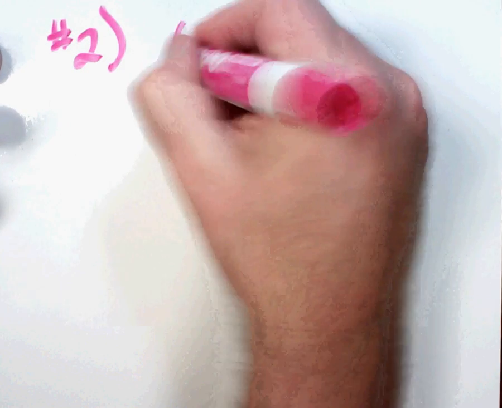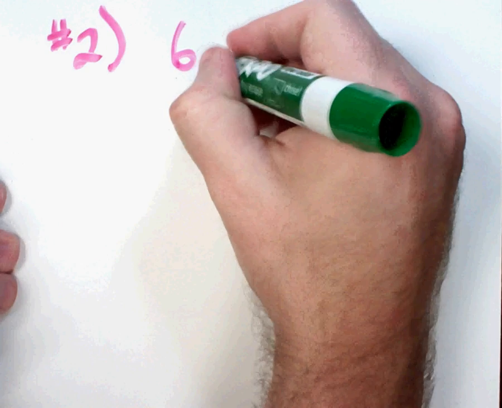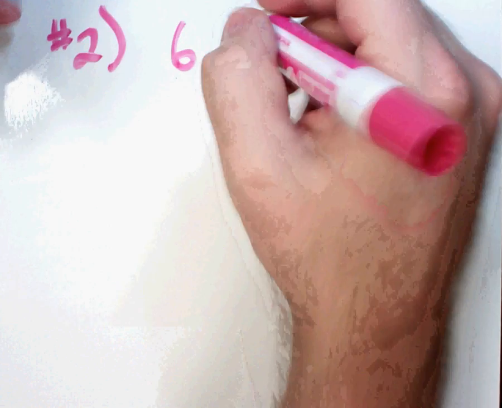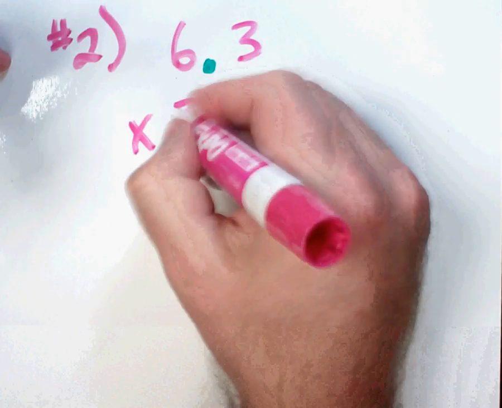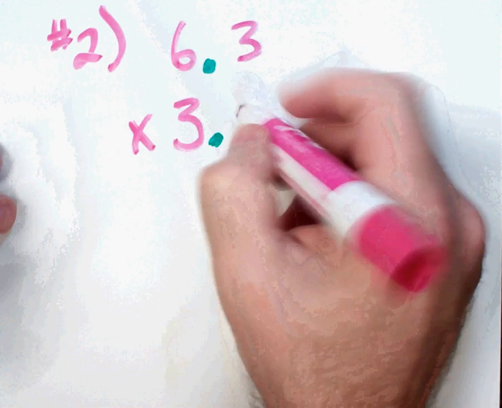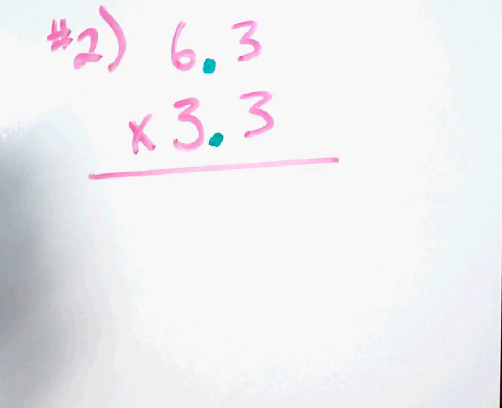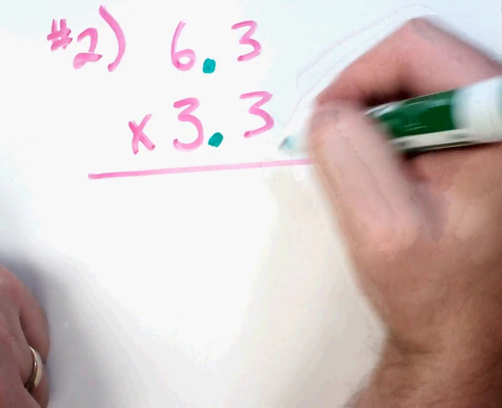Number 2, not quite as much computation. I'm actually going to use my green marker to do my decimals on this at the beginning. So we've got 6 and 3 tenths times 3 and 3 tenths. And again, when I first set this up, I need to identify how many numbers I've got to the right of the decimal.